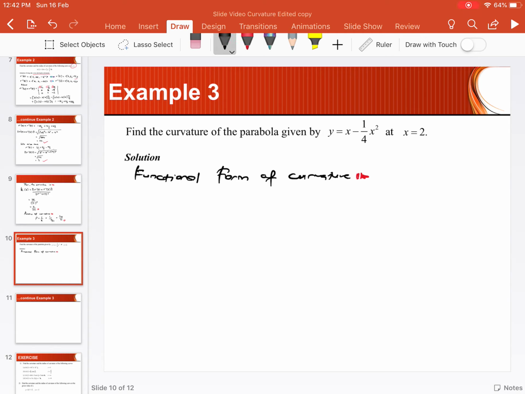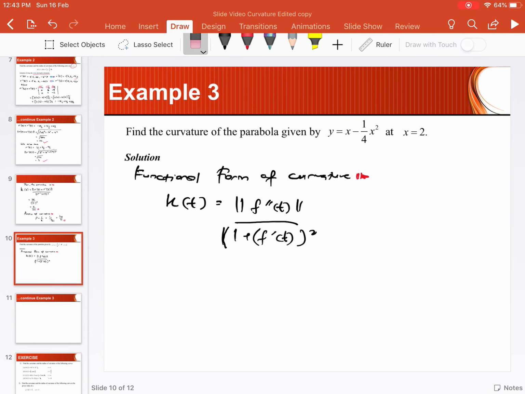The formula is kappa equals the magnitude of f double prime t, divided by 1 plus f prime t squared, to the power of 3 over 2.